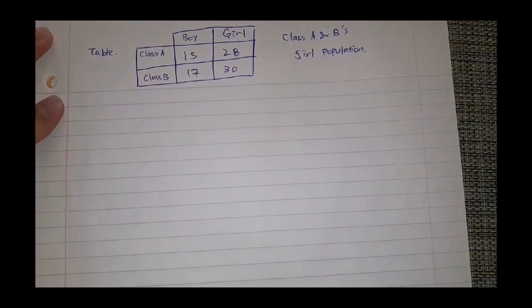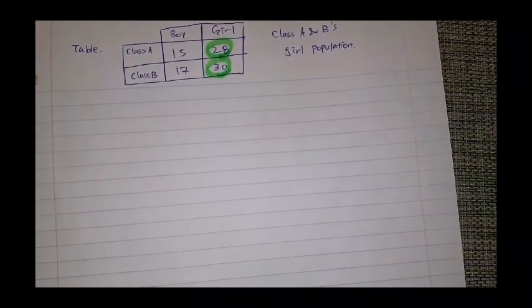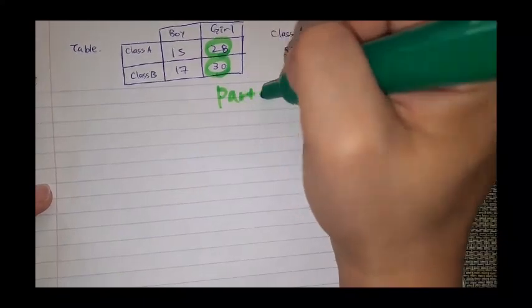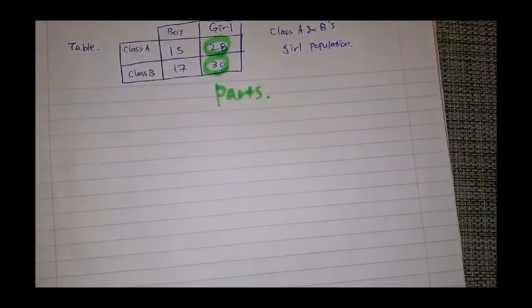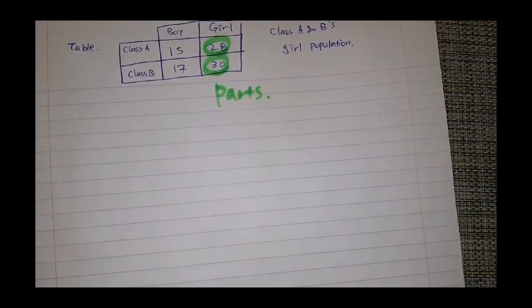Then your first job is analyzing the situation. We know that girl population is basically the center of this topic of that question. So 28 and 30, these two are basically your parts. Now, do we know the whole population for class A and B? No, we don't.